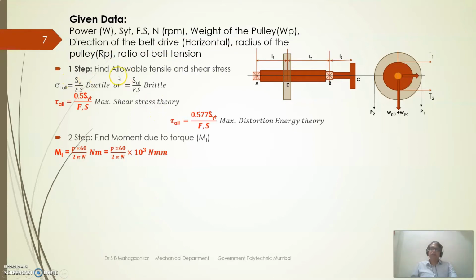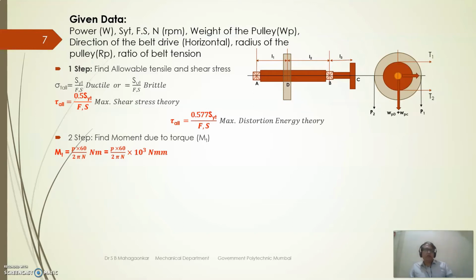Step 1 is to find the allowable tensile or shear stress. They will give the problem, and sometimes an illustration is given, or else they will give the figure. If the figure is given, it is very easy; you can get everything from it, right?